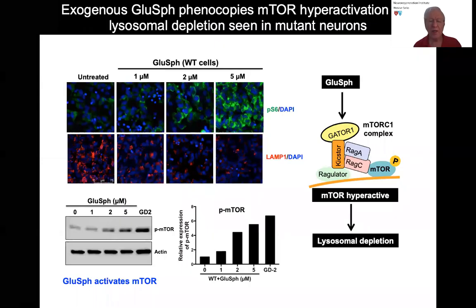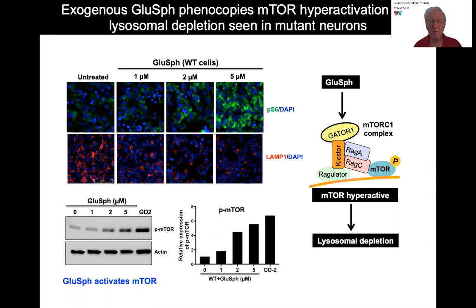So we wanted to obtain more evidence for or against this role of glucosylsphingosine in pathogenesis, in the neuronal phenotype. And what we did is we decided to treat the cells with exogenous glucosylsphingosine.